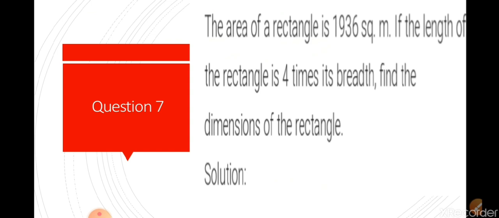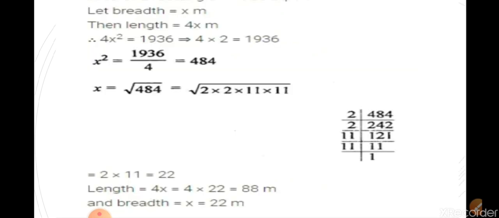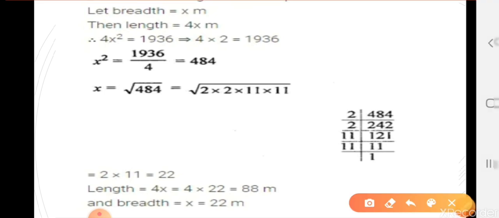The rectangle's area is given and it is said that the length of the rectangle is 4 times its breadth. Find the dimensions of the rectangle. Here the length is 4 times its breadth. We don't know what the breadth is.